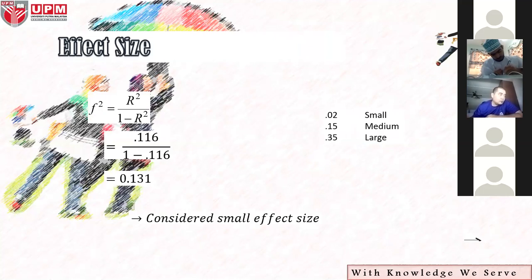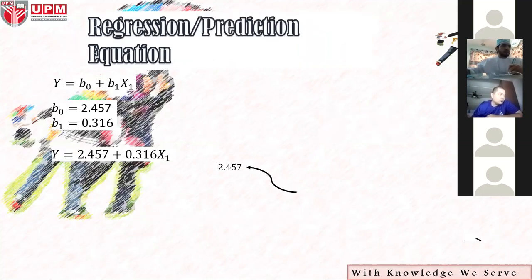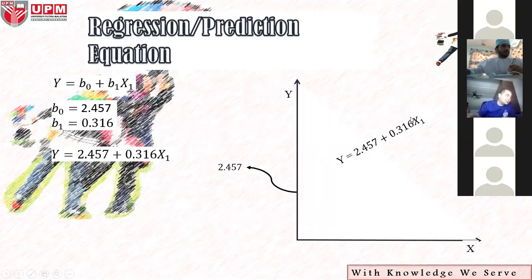So this is the illustration on how to calculate your effect size. You just insert the coefficient of determination value into the equation, and then you will get your effect size. This one is for the prediction equation. You extract the value from unstandardized beta, in which from the table our B naught equals 2.457 and our B1 equals 0.316.